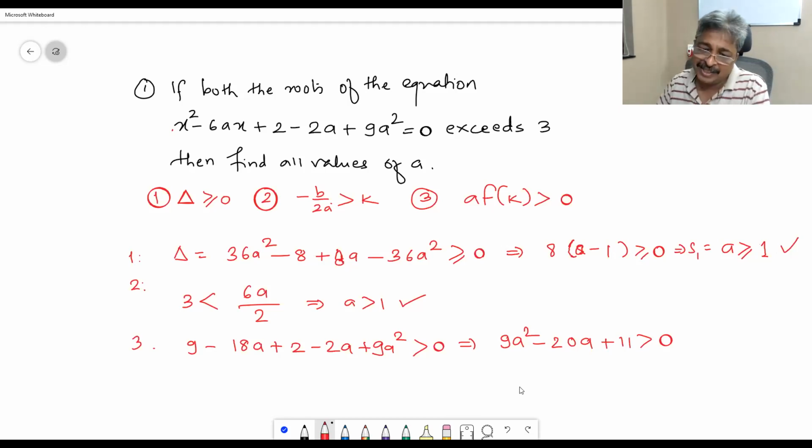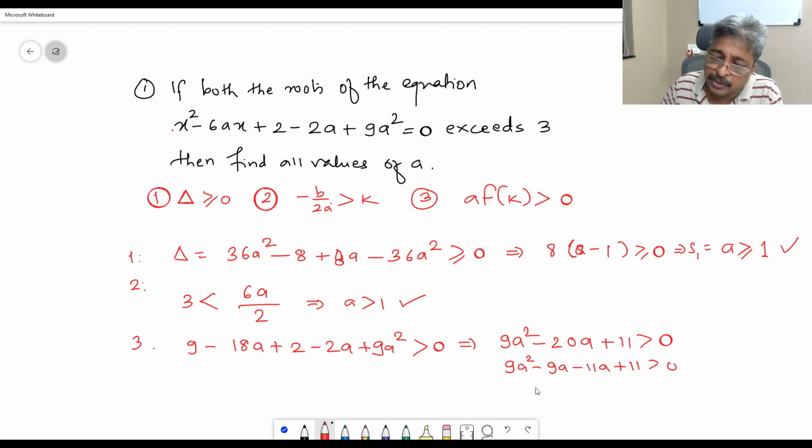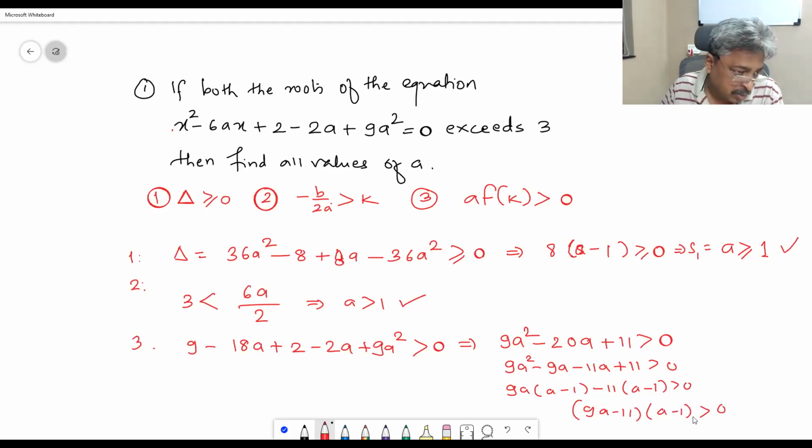Very simple factorization. 9a square minus 9a minus 11a plus 11 should be greater than 0. So 9a inside bracket a minus 1, minus 11 inside bracket a minus 1, should be greater than 0. So 9a minus 11 into a minus 1 should be greater than 0.